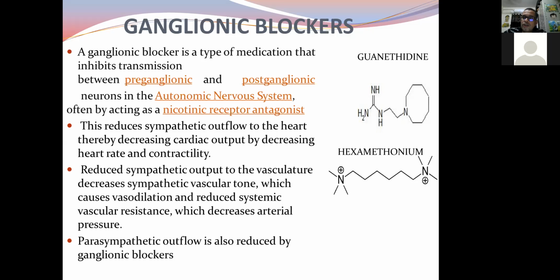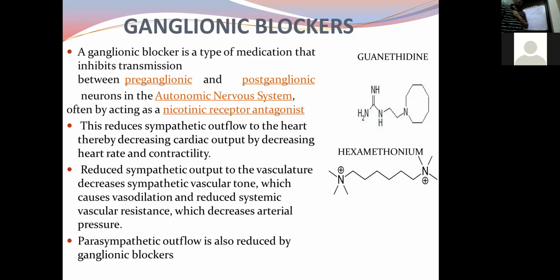Whenever you draw the structure, just draw a nitrogen and draw an 8-membered saturated heterocyclic ring, which is connected by an ethylene group, that is a CH2 group, to a guanidine linkage. So this is nothing but your guanethidine.